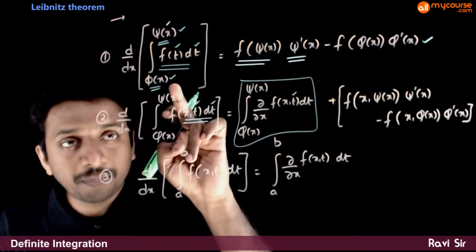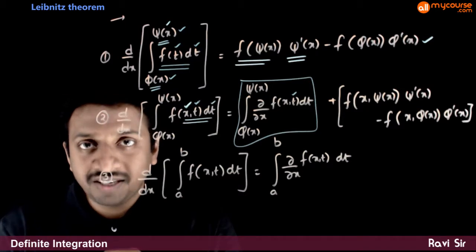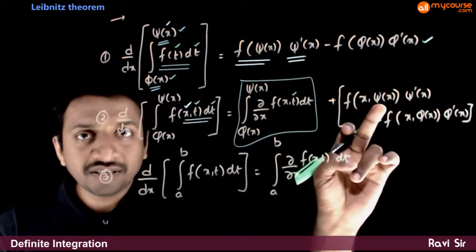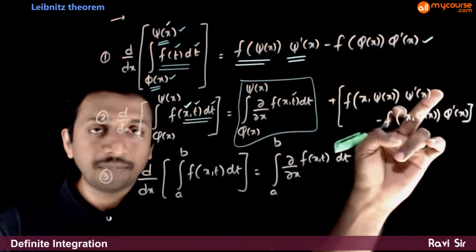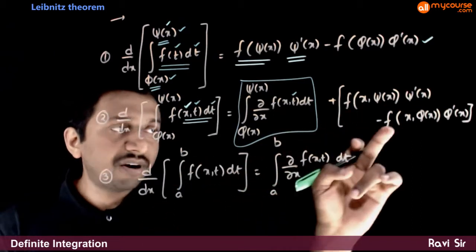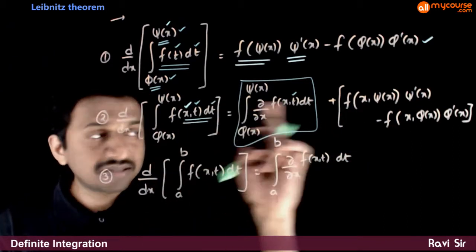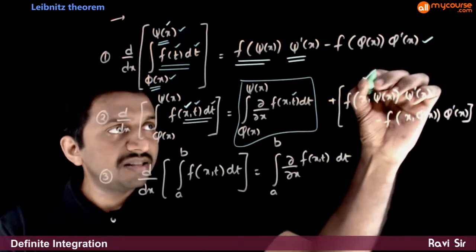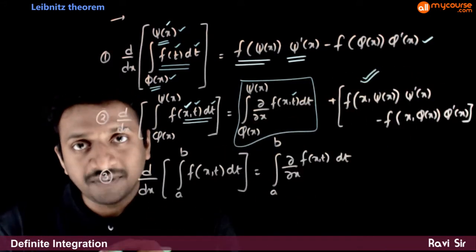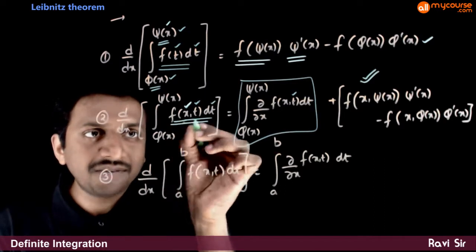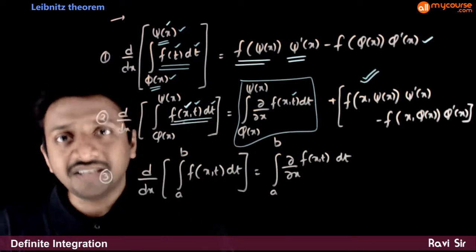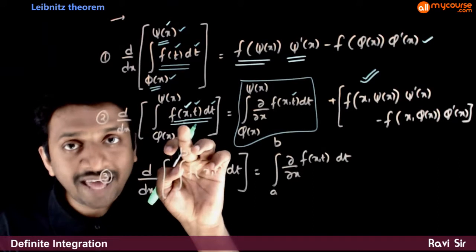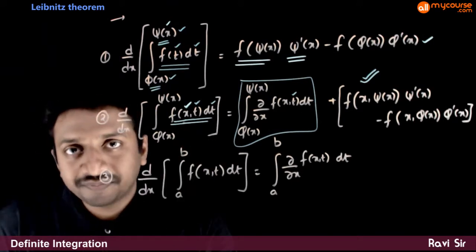That is, you need to put upper limit in the place of t, f of x comma psi of x into the differentiation of the upper limit, minus f of x comma phi of x into phi dash of x. So this is the general case of Leibniz theorem if you have an implicit function inside the integral, which has both x term as well as a t term.